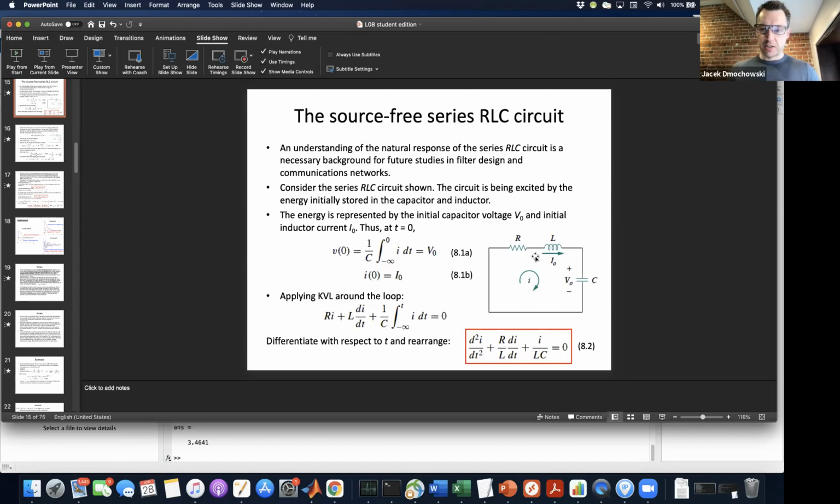And what we saw is that the solution for the current here is the current through the inductor, but of course it's common to all the elements.